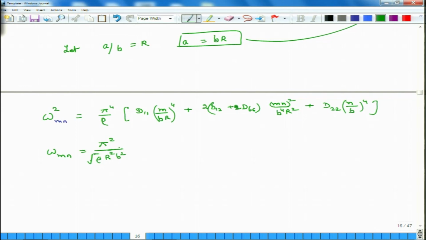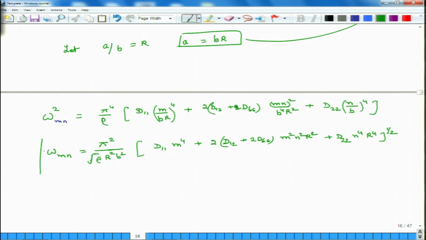I take b square as well as r square out, then this is what I end up with: d11 m to the power of 4 plus 2 d12 plus 2 d66 m square n square r square plus d22 n to the power of 4 r to the power of 4, the entire thing.